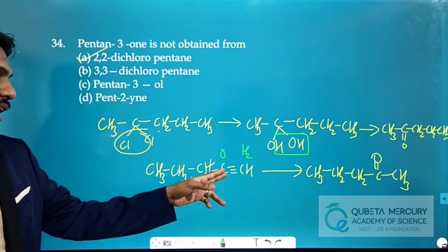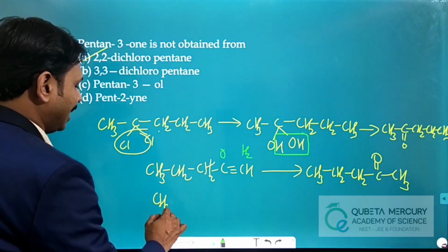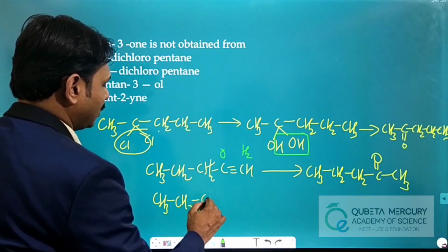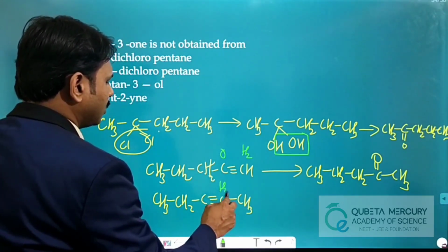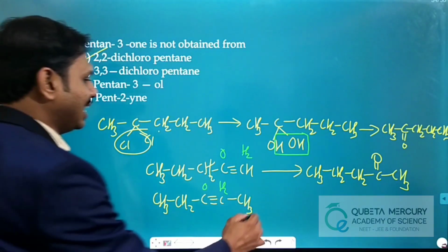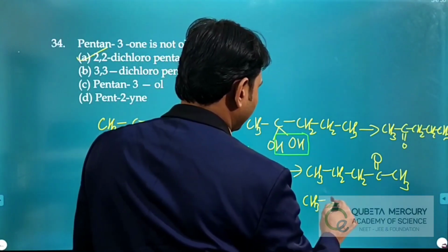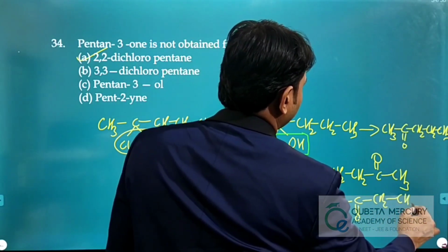Very sorry, I wrote here pentan-1-yne. If this is pentan-2-yne, it will be like this: CH3CH2C triple bond CCH3. You need to add a water molecule like this. There it can form as CH3CH2COCH2CH3.